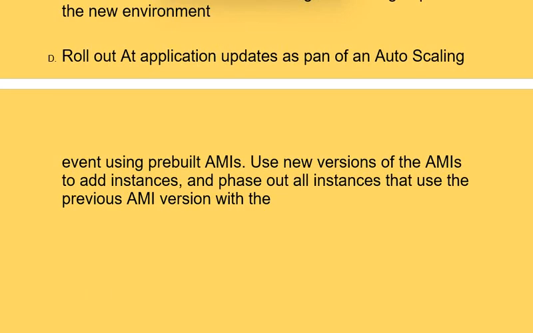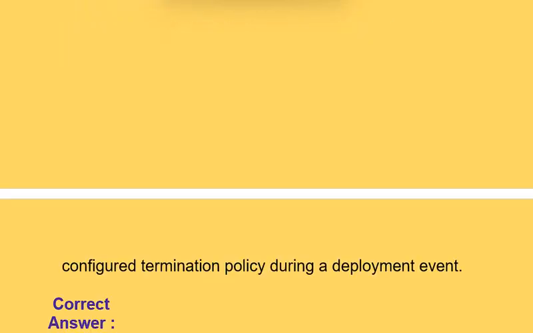Option D. Roll out application updates as part of an Auto Scaling event using pre-built AMIs. Use new versions of the AMIs to add instances and phase out all instances that use the previous AMI versions with the configured termination policy during a deployment event.